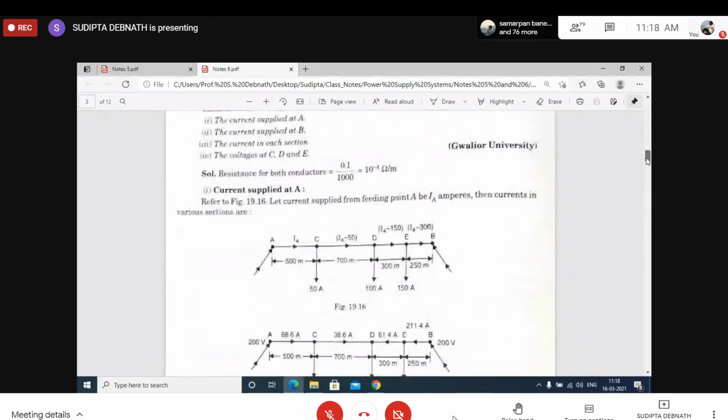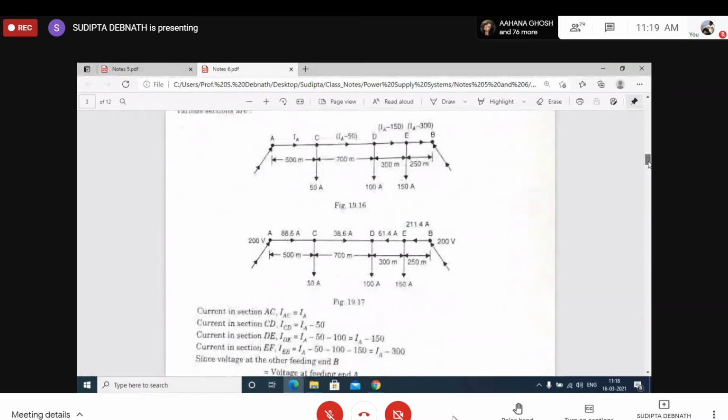And what are the other things they have asked? Current at A, current at B, current in each section. As soon as you know IA, which is 88.6, what will be the current here? 88.6 minus 50. What will be the current here? 38.6 minus 100, so it is negative.